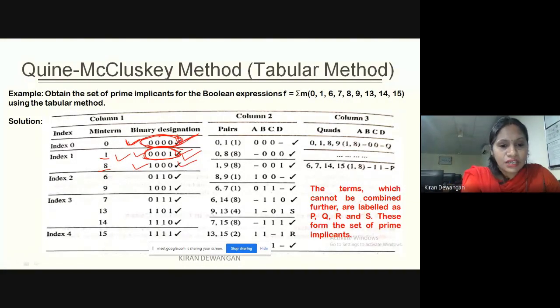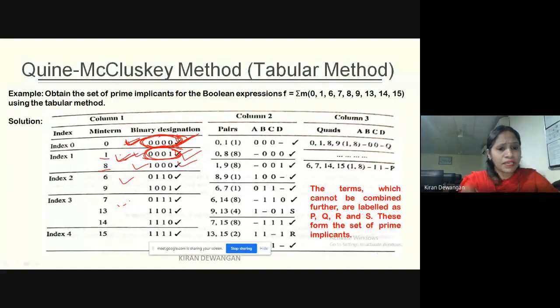Now we can see from 0 and 1, we never compare within an index. We will be comparing with the succeeding index number. That means 0 will be compared with 1, terms of 1 will be compared with 2, terms of 2 will be compared with 3. We will not compare 0 with 2, or 2 with 4. Clear? So it will always be compared with the succeeding index group terms.